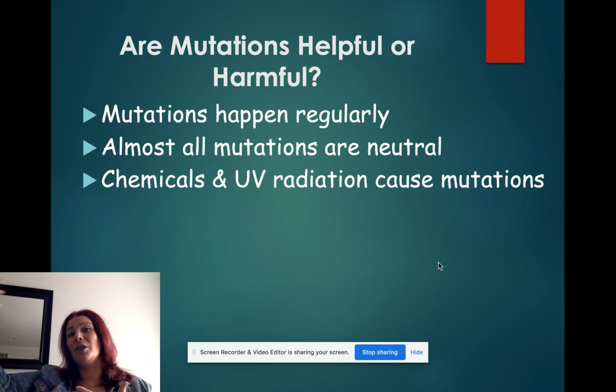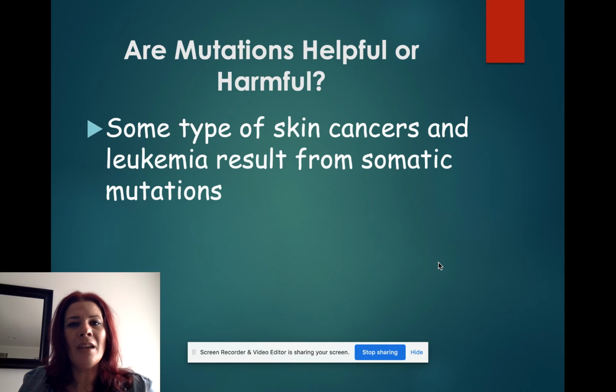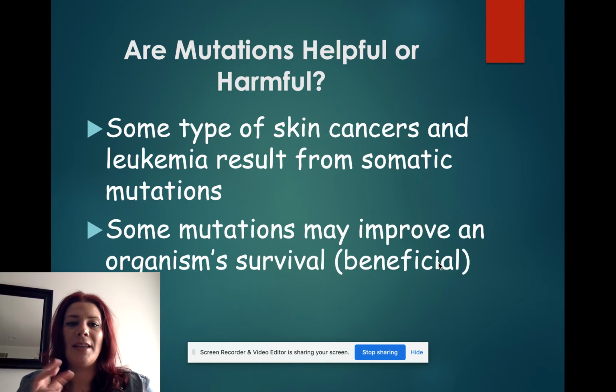If you think about that, that's from the UV radiation from the sun. And most of them get fixed by enzymes, and we're not going to get into that in detail. So really, again, are they helpful or harmful? We'll talk about that in the evolution unit. It kind of just depends on your environment. Some types of skin cancers come from those somatic mutations, again, of those body cells. And sometimes these mutations do help an animal's chance for survival. So we'll talk about that a little bit later.